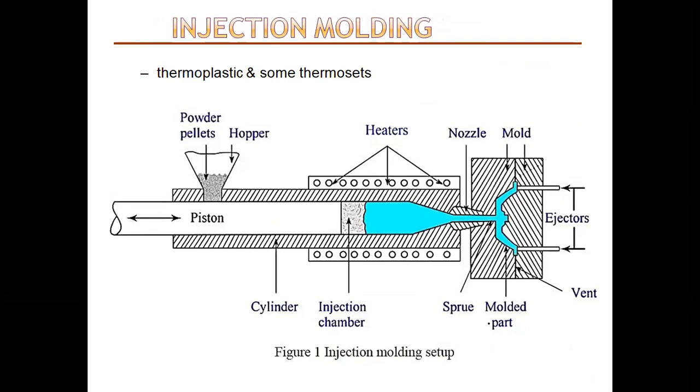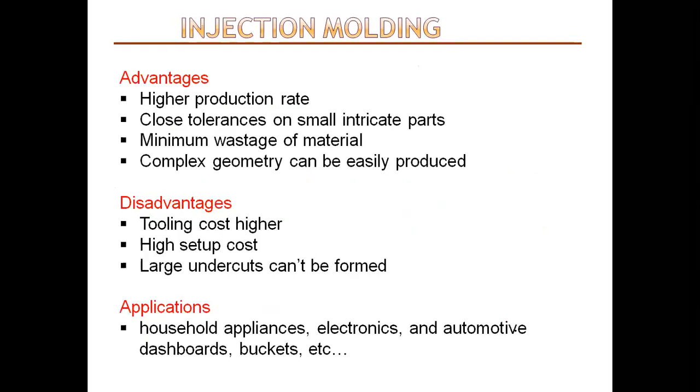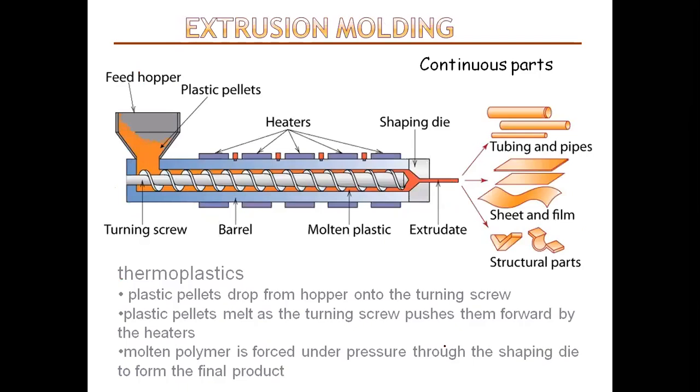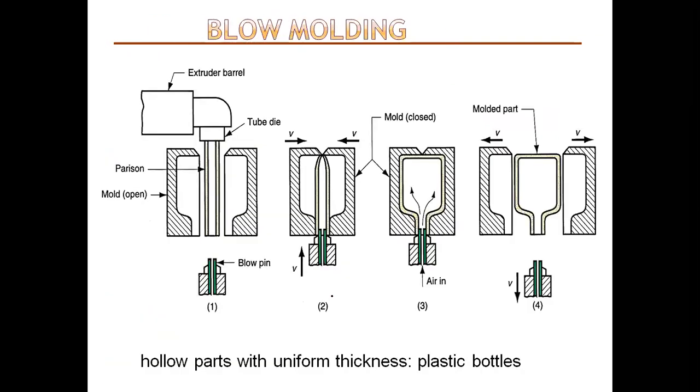In injection molding, we have seen how the plastic part is manufactured, its advantages, disadvantages, applications. Also, we have seen extrusion molding, how it is used to manufacture plastic components, along with its advantages, disadvantages, and applications.